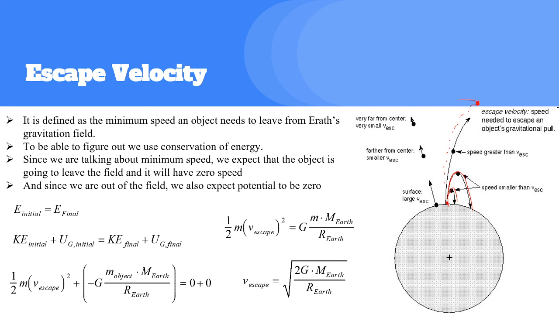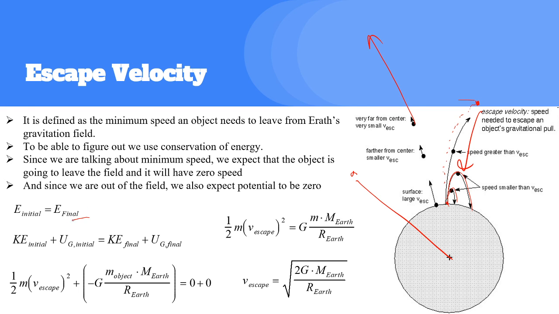That's the minimum escape velocity. So it's the critical point. You are not going to go back down to Earth, and you are not going to continue to move after you leave the gravitational field of Earth. Once you leave, you are out of the gravitational pull of Earth, so you don't have a gravitational force either.